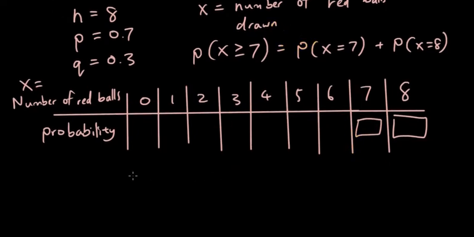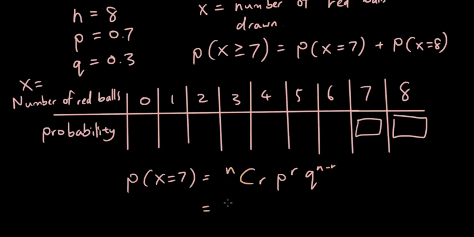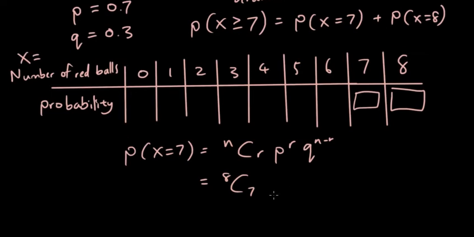So probability of X equals 7 would be, if you guys remember the formula, nCr p to the power of r q to the power of n minus r. Now n is 8 and we want 7 out of 8.